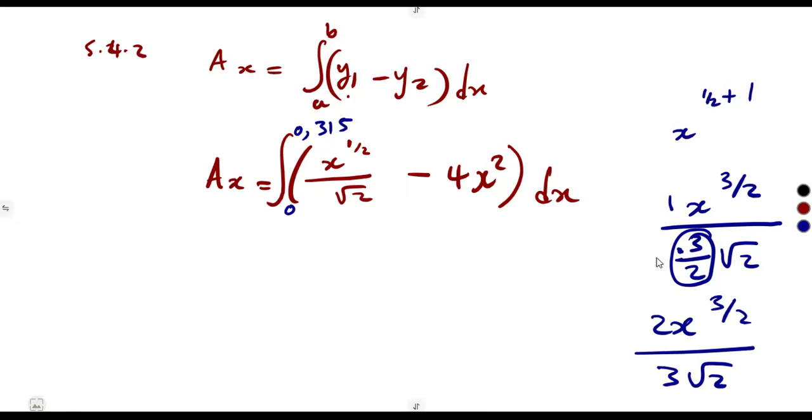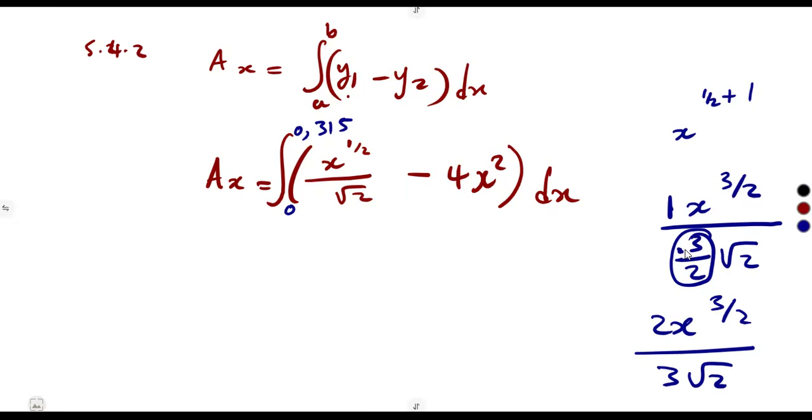1 over that can change that part. So this is the simplification that we are going to have if we are to simplify properly. Take note, guys. This is 3 over 2. Here it's 3 over 2. So it's 1 over 3 over 2.